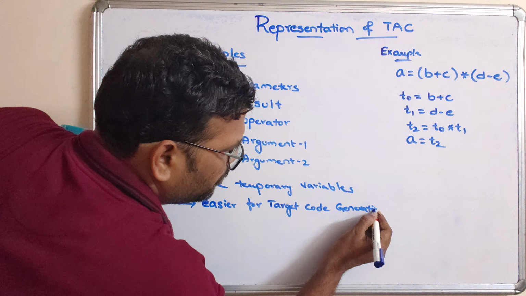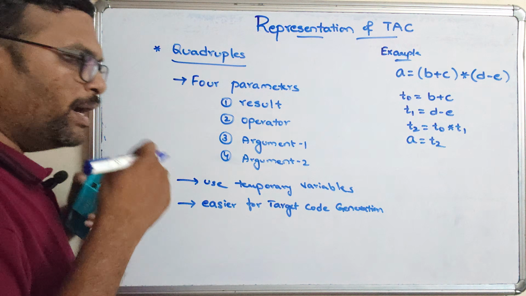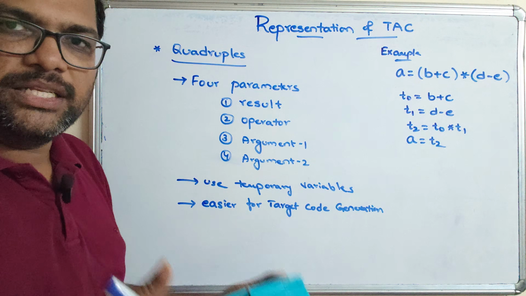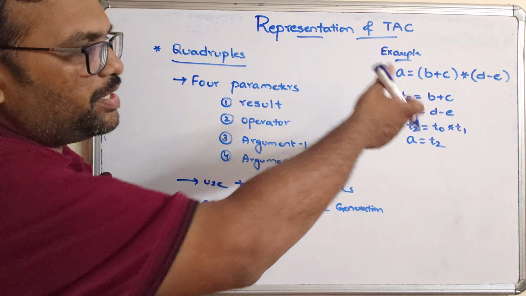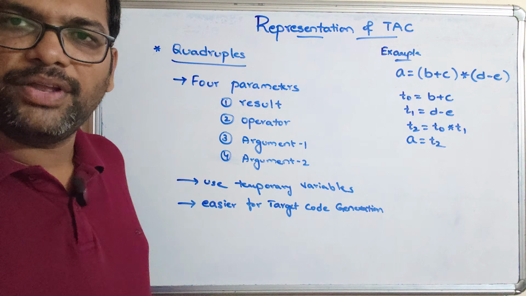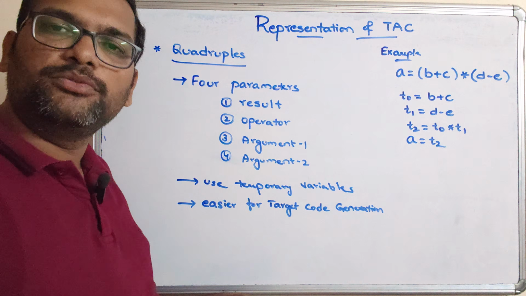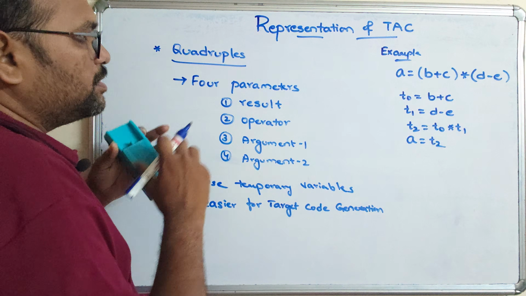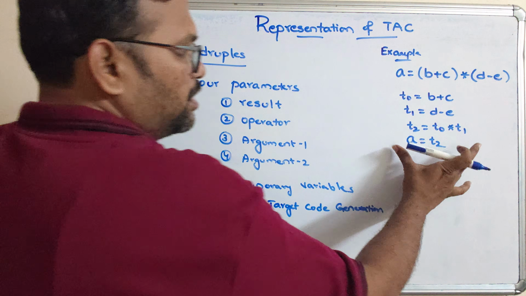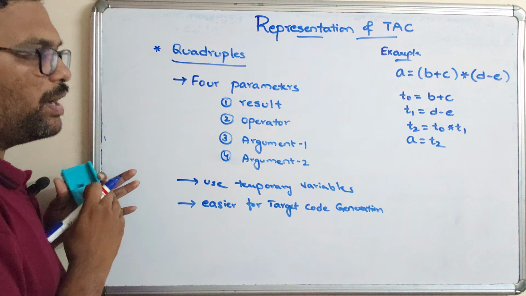This is best suitable. One disadvantage of using quadruples is that it requires more temporary variables, because every statement has temporary variables, so more are needed to store the expressions. So let us see this particular three address code in quadruples.